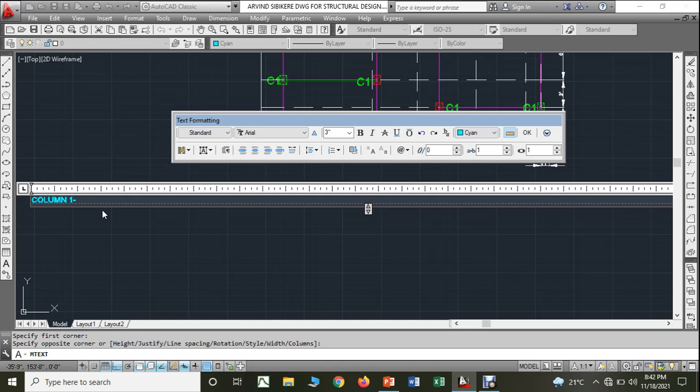The shorter dimension I'm going to keep as it is, 9 inch, multiplied by the longer dimension, which I am also going to make 9 inch only. The first column, the low load bearing column, is a square column of 9 inch by 9 inch.